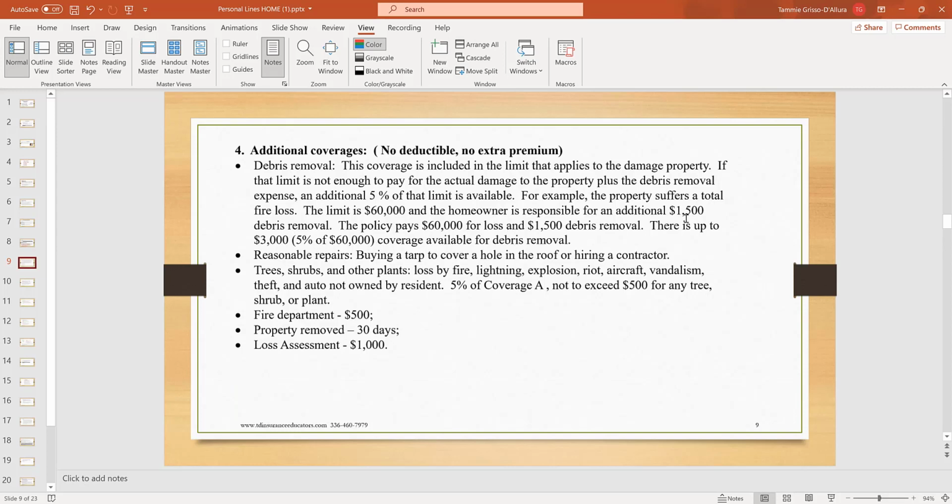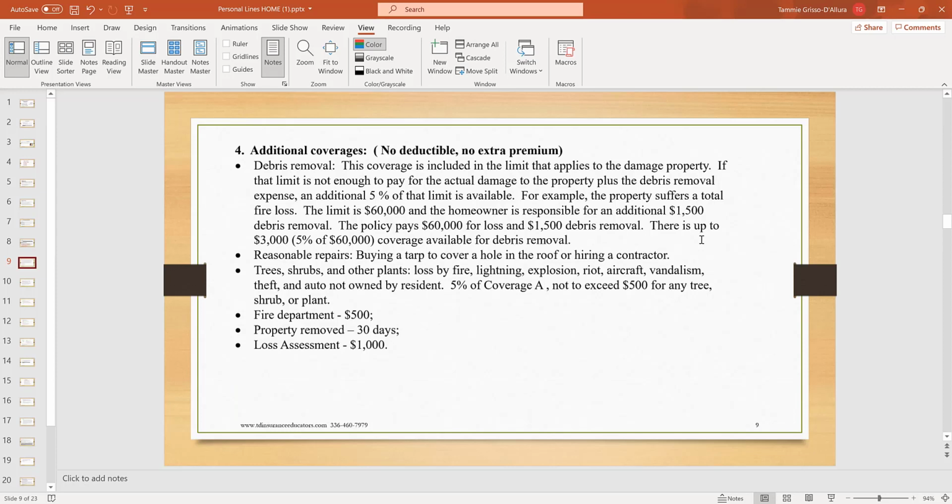Now they didn't need it here. They only needed $1,500. So they're not going to get $3,000 if they don't need it. But if they need it, they'll get that extra $3,000. So keep in mind, debris removal is included in the limit, but if you go over that limit, you do have 5%.